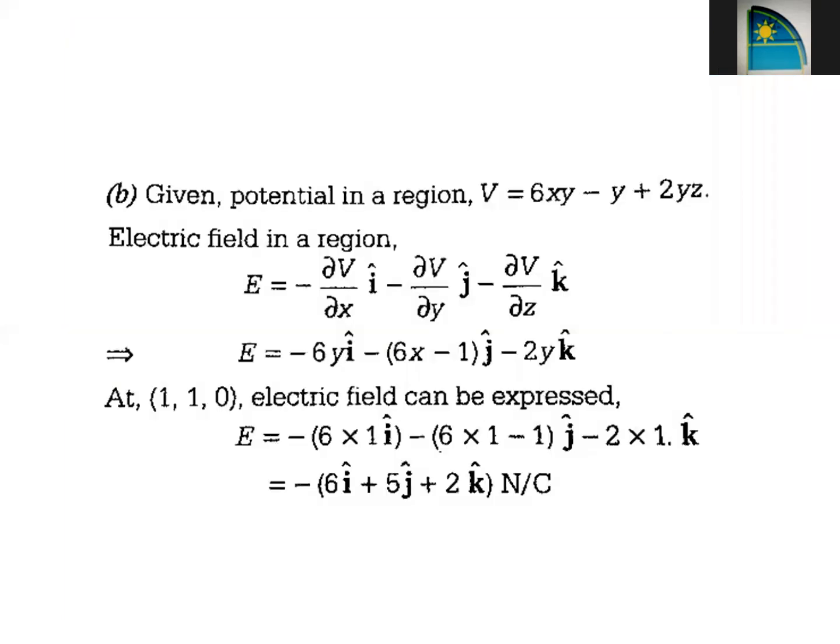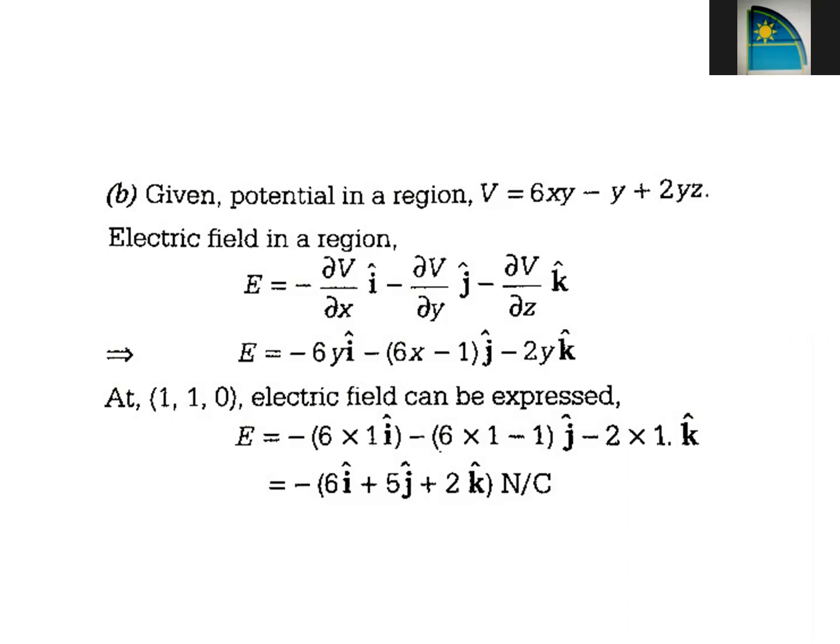This is the one. So in this case, potential is given in the form of a quadratic equation. So E directly I cannot find, because E is equal to delta V divided by delta R, right? So I have to do differentiation of potential with respect to X separately, then with respect to Y separately, and then with respect to Z separately.